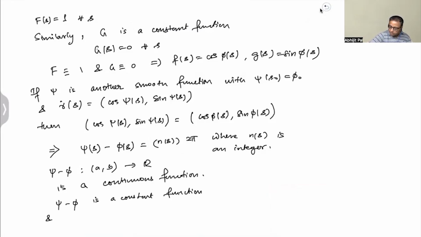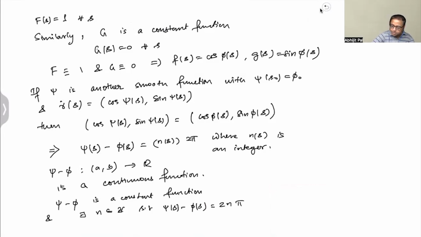So there exists an integer n such that psi minus phi is equal to 2n pi, or psi s minus phi s is equal to 2n pi. So this n will work for every s.